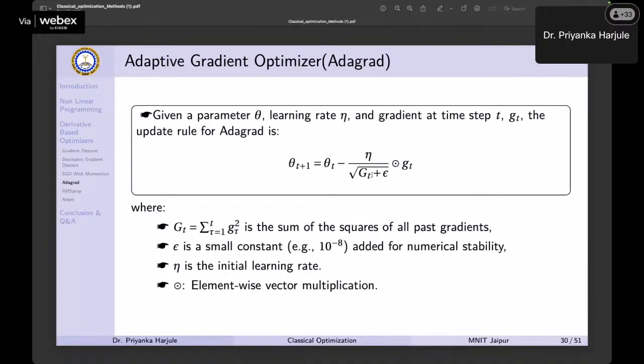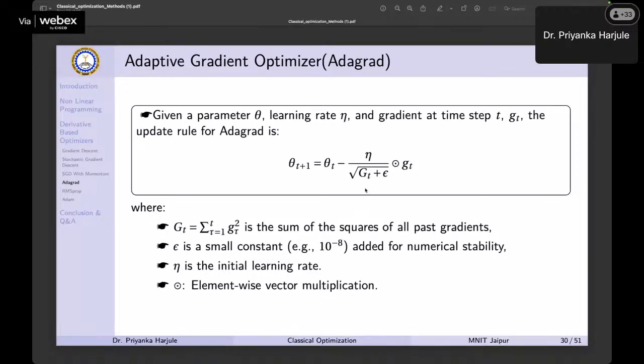As you can see, if this value is low, this entire thing becomes high. If this is high, this entire learning rate becomes lower. So this is how the learning rate is adapted as per the frequency of the features. And this solves the problem of overshooting as well as the not-so-good learning of the frequent and not-so-frequent parameters.